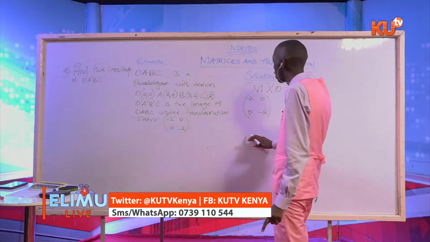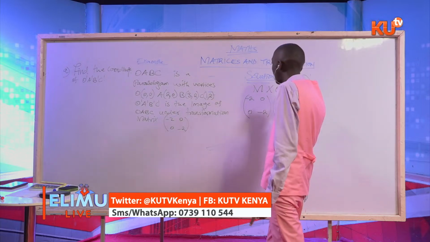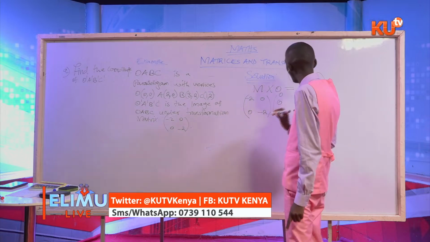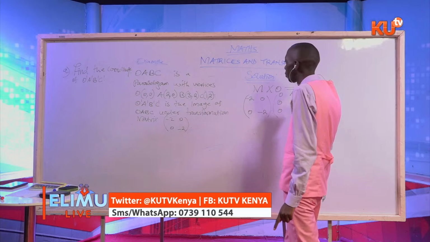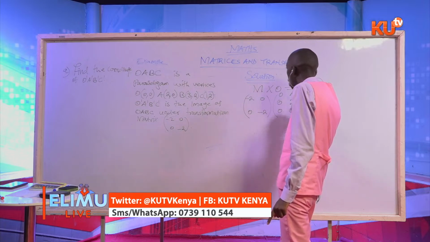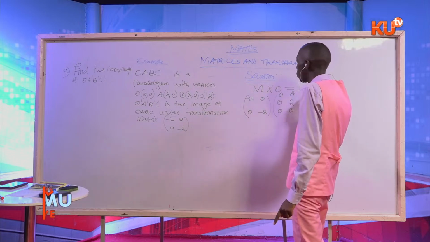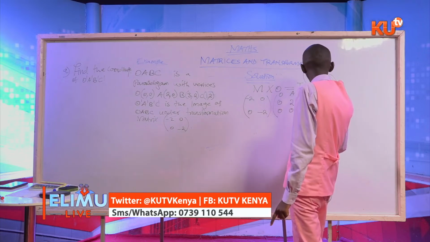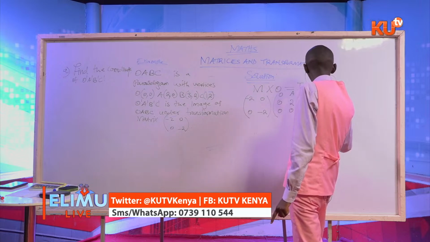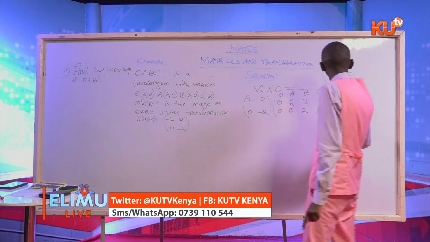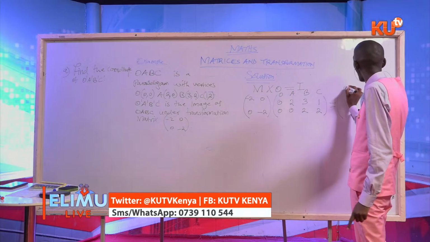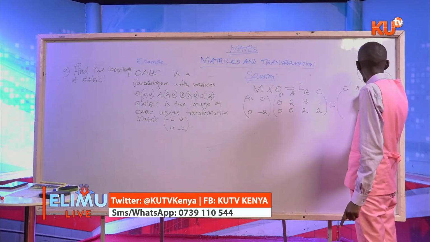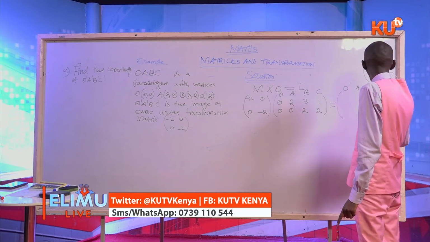The object coordinates are O, which is 0 0, you rearrange them that way, A, which is 2 0, B, which is 3 2, and C, which is 1 2. This one will give us the coordinates of the image, which is O prime, A prime, B prime, C prime.